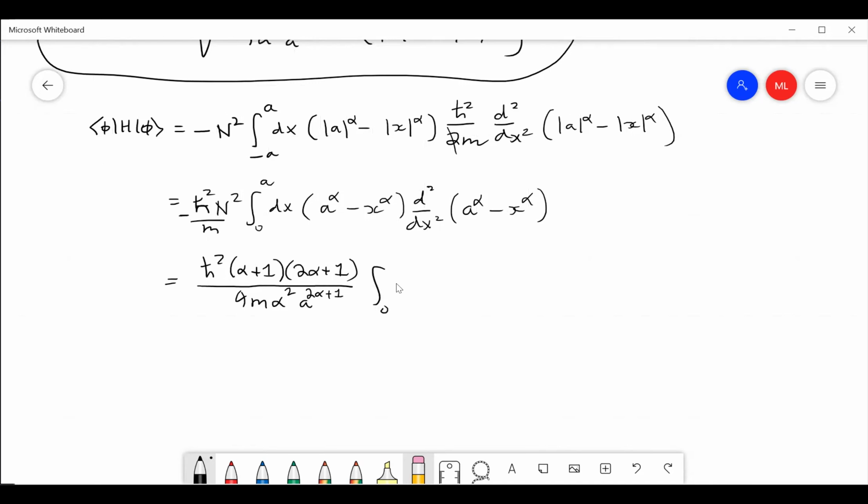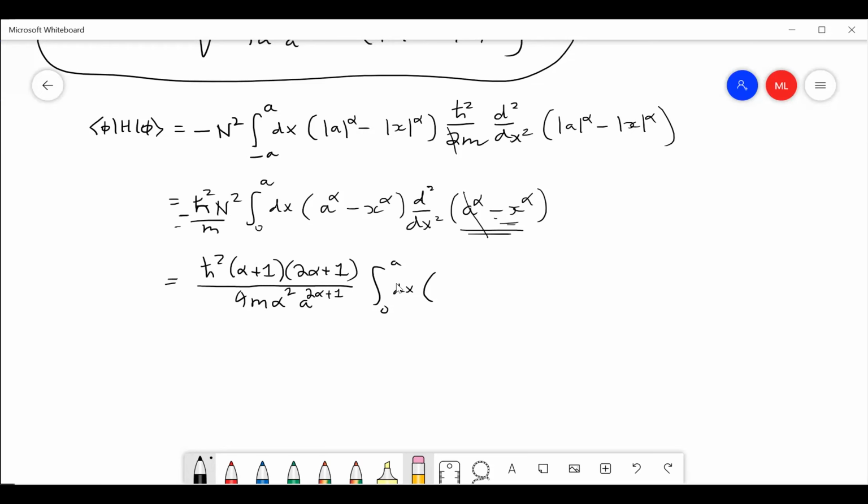Then you're left with the integral from 0 to a dx. And now we just have to do the derivatives, and we can multiply. So this is just two derivatives acting on this guy. This is a constant, so it's only this guy that matters. So this minus sign cancels this one out here.